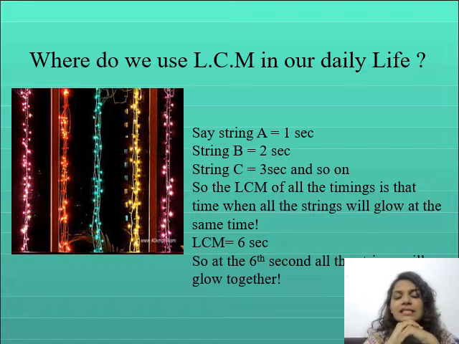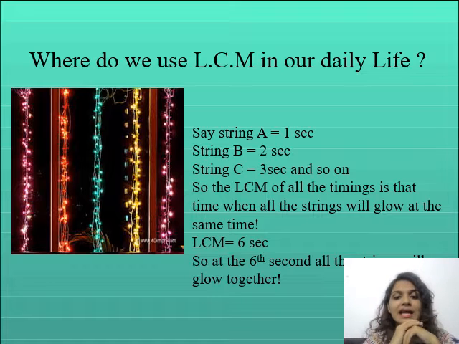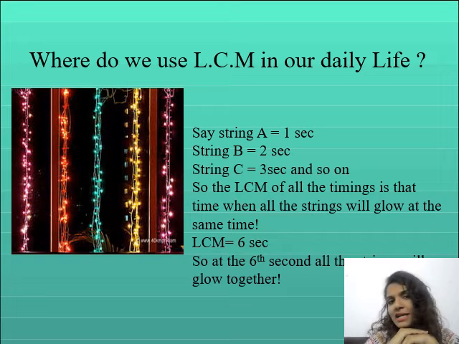In this case, the LCM will be 6 seconds. You will get to know how to find the LCM in the next slide. So we can say that at the 6th second, all the lights will glow together. All the 3 lights, A, B and C.